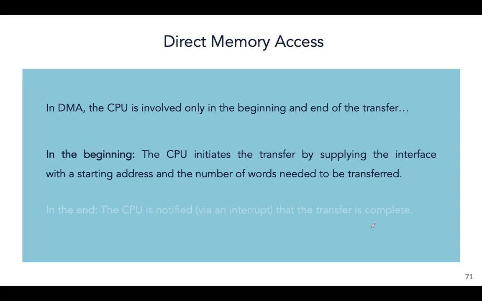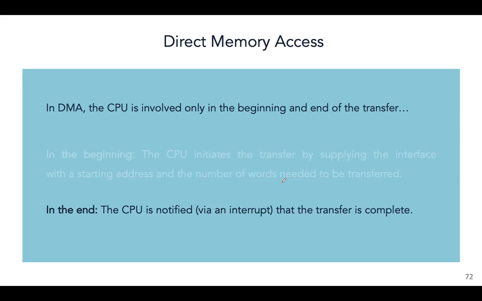It gives the IO interface a starting address of the memory from where the memory words are going to be accessed and the number of words that need to be accessed. And in the end, after the data transfer is complete between the IO interface and the memory, CPU is notified via an interrupt that the transfer is now complete. So these are the only 2 times that a CPU is involved during direct memory access.